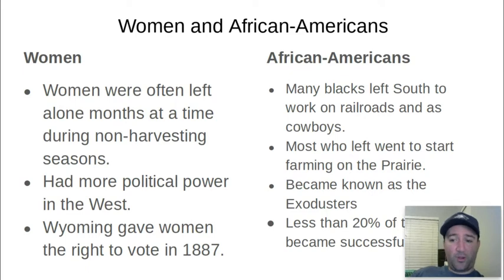And part of that is because when Wyoming wanted to gain statehood, they didn't have the population to do so unless they allowed women to have the vote. Other states like Utah followed suit, and they would give women a lot more rights and the right to vote.